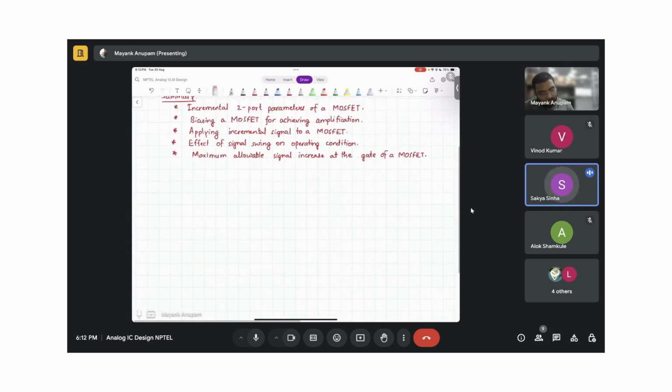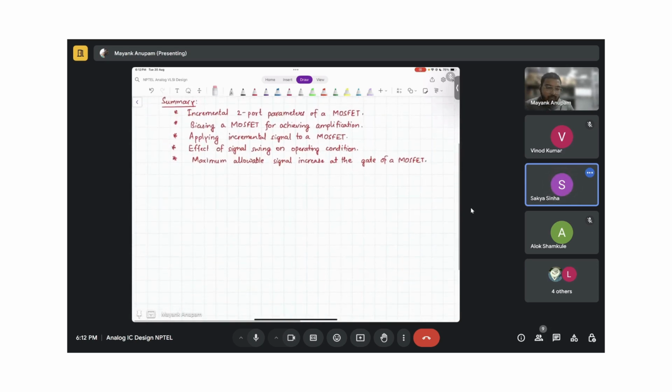Yes, VDS equals VGS minus VTH. But this is my concept. If it is so, then how to attack the math basically? It's all about the numerical in the assignment.